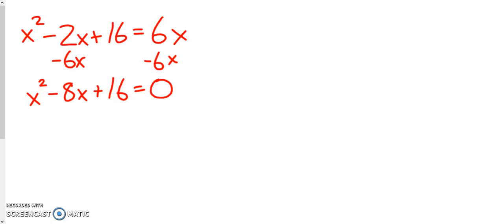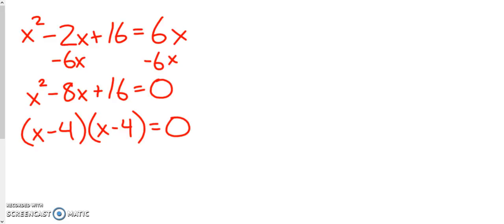What multiplies to give me 16 but adds to give me negative 8? That would be negative 4 and negative 4. The solution to either one of these would be x equals 4. Since it shows up twice, that's called a repeated solution. That would be your answer.